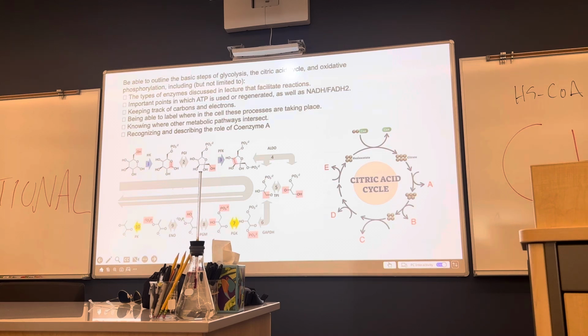Let's see here. Carbons and electrons. We know where the electrons go, right? Where do they go? We just pull the electrons off of these molecules and what, do we hold them in a basket?